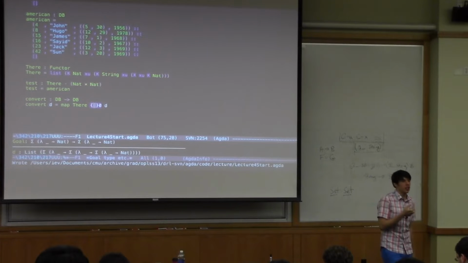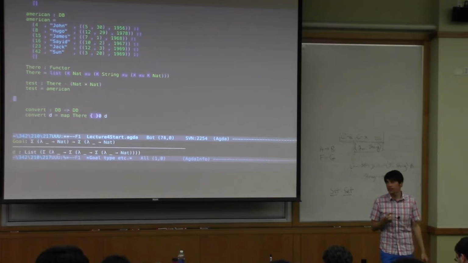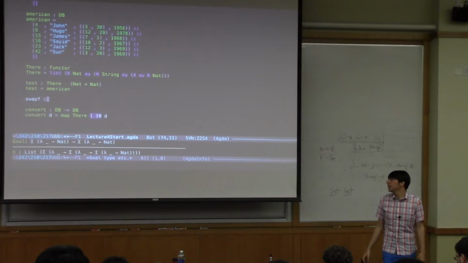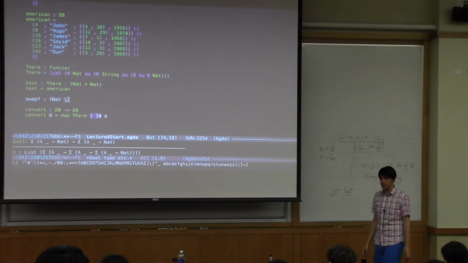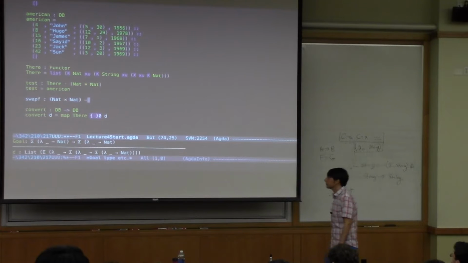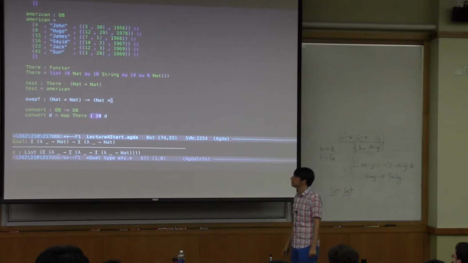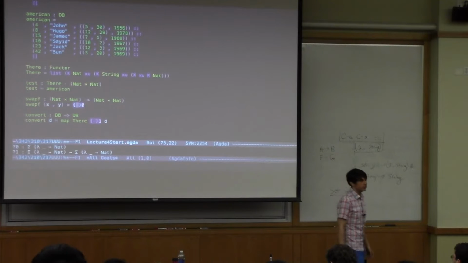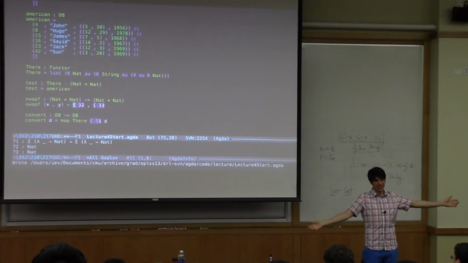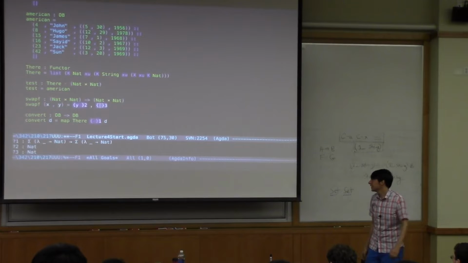So let's write a function called swapf that has type nat cross nat, arrow nat cross nat. OK. And how do we swap xy? Return yx. Okay.